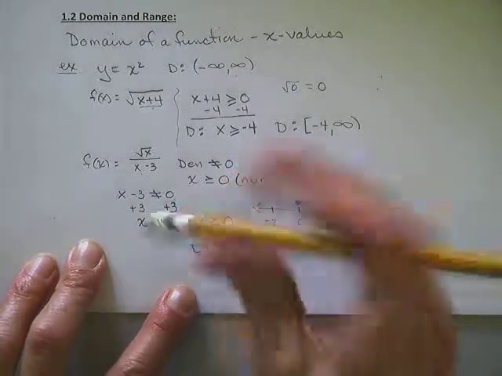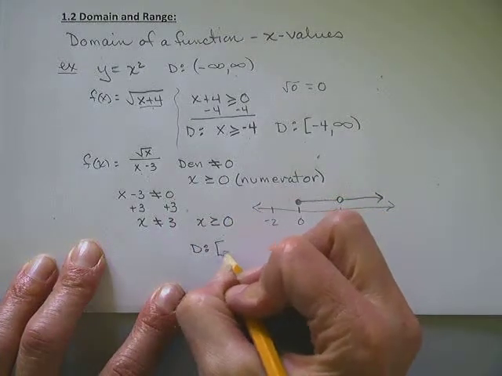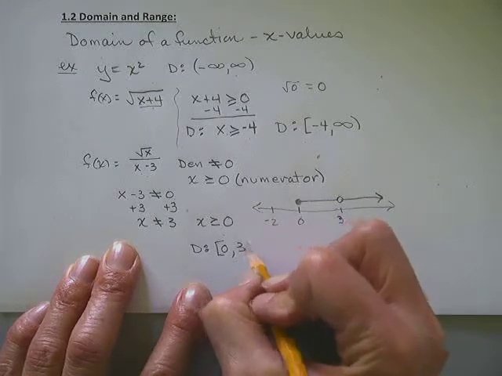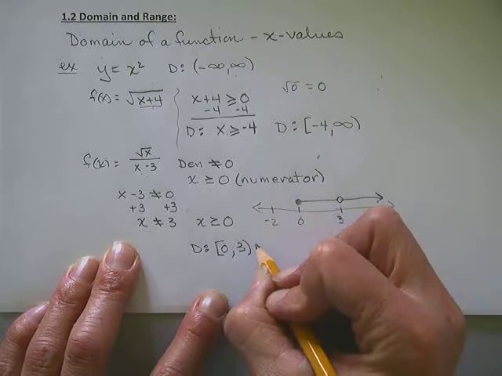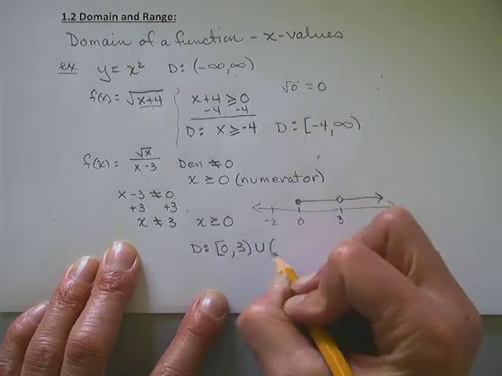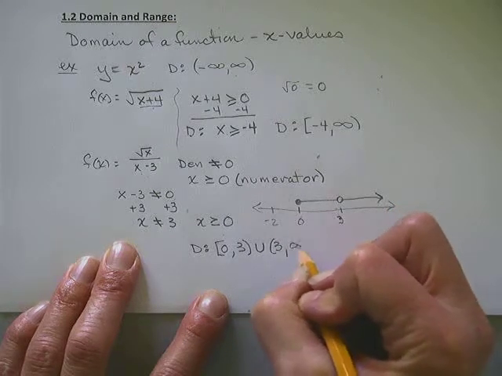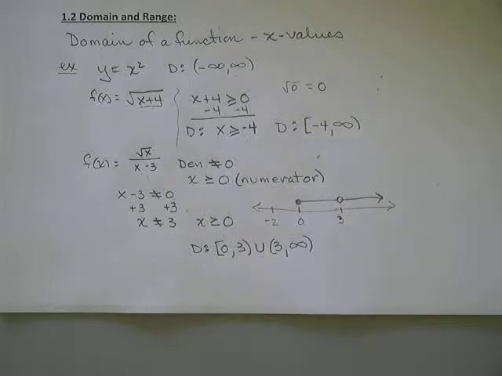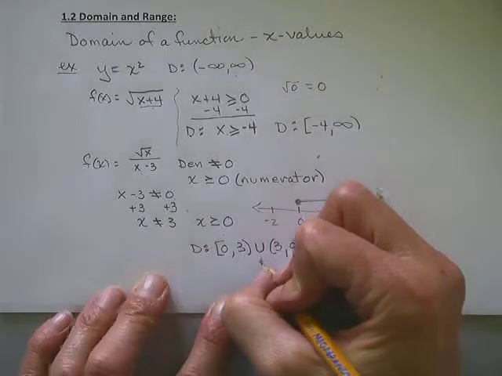So now what I do, like I did up here, is write what's called interval notation. The domain, we start with the smallest number, 0, but we can equal 0, so we go like this. 0 to what? 3, but with a parenthesis. Then we hop over 3, and go from 3 to infinity.